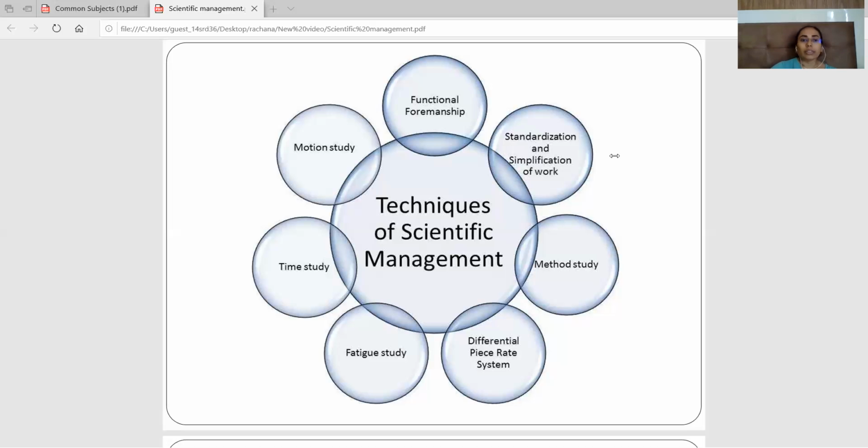There are different ways of performing a job, but not every way is so productive. So we evaluate each way of performing the job and assess which is better for the organization, which can be standardized for the overall organization, so that every time you do that particular activity, the method remains the same.